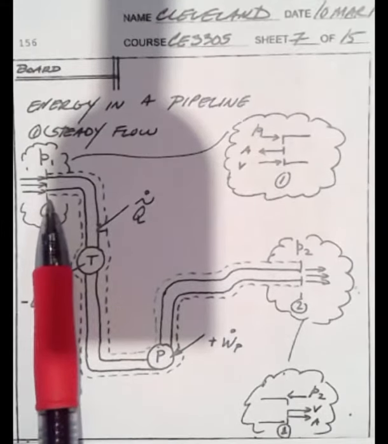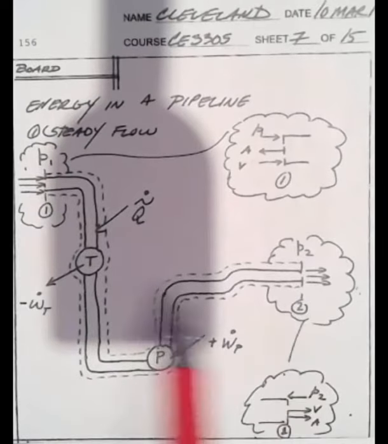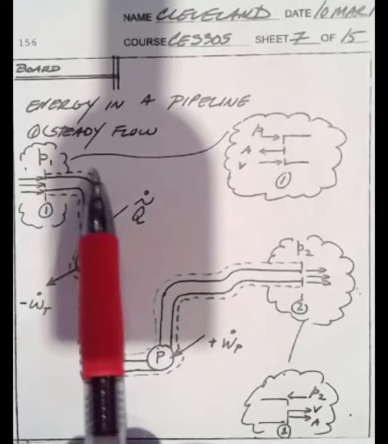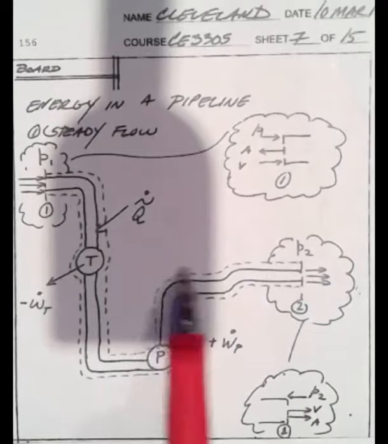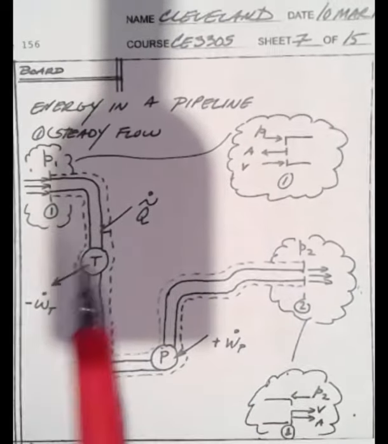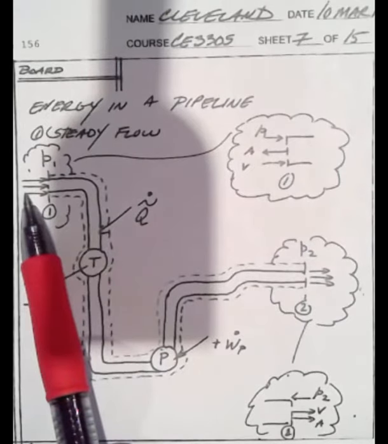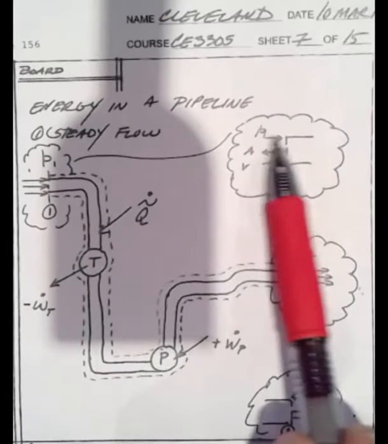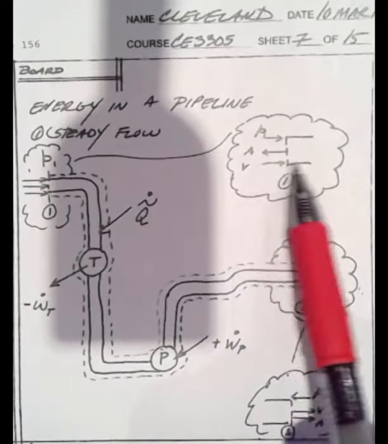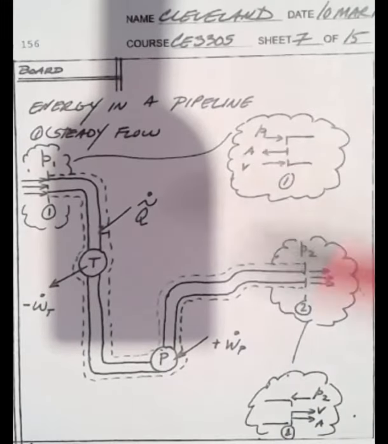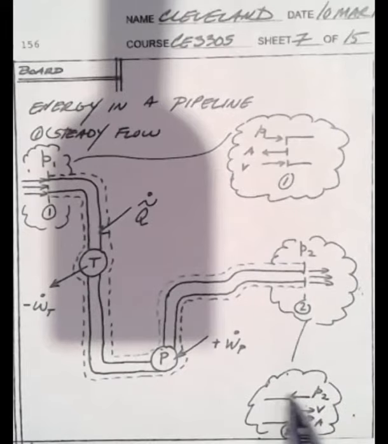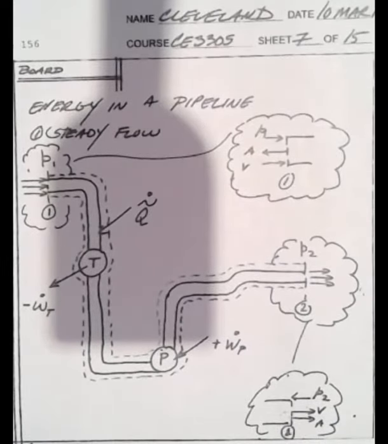We'll look at location 1, location 2, and our control volume is the entire pipeline, including the pump and including the turbine. Okay, so let's look at section 1. At section 1, we have pressure coming in, we have velocity coming in, and we have area pointing out. At section 2, we have pressure 2 pointing in, velocity pointing out, and area pointing out.